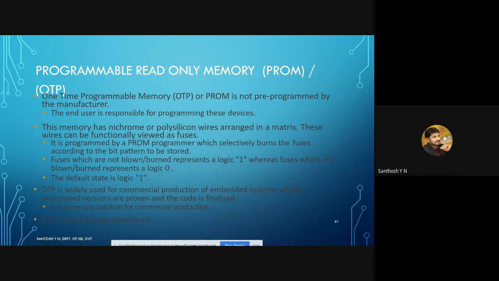Those wires are considered as fuses, and if the fuses are blown, it is considered as logic 0. If not blown, it is considered as logic 1. And again, everything will be programmed by the manufacturer, whose program is provided from the user end itself. And again, these OTPs cannot be reprogrammed. Again, this is one of the disadvantages.